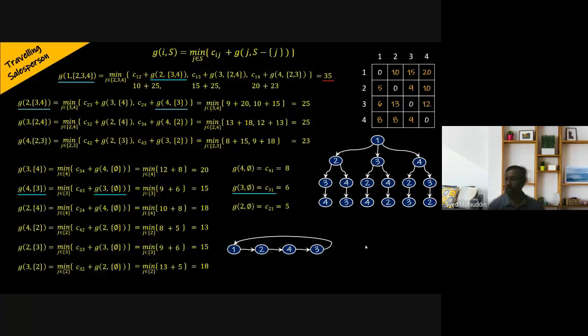So this is how the traveling salesperson problem is computed. You need to remember this equation, that is G of I comma S, where I is a vertex and S is a set of vertices that are supposed to be visited, or that can be visited from vertex I, which is the minimum of C of i comma j, where j is a vertex in the set S. So for each vertex in set S, we have to find the minimum value, that is cost of ij plus G of j and set S minus j.